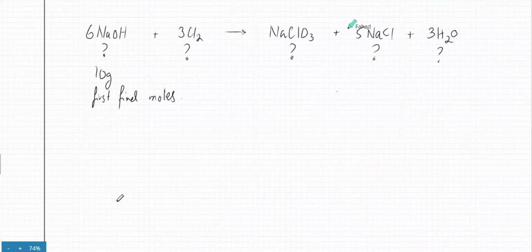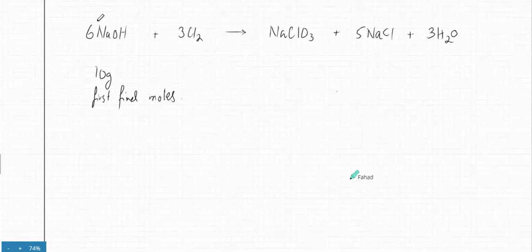Okay, I told you that an equation is the ratio of moles. So I told you कि if you want to link an equation, this is the ratio of the number of particles, which we are counting in moles. So if you're given 10 grams of NaOH, you can find the moles of 10 grams of NaOH.